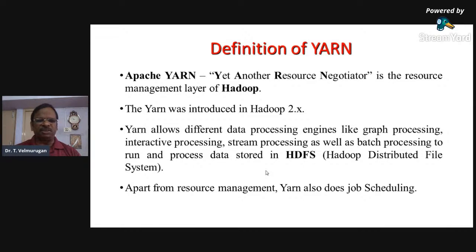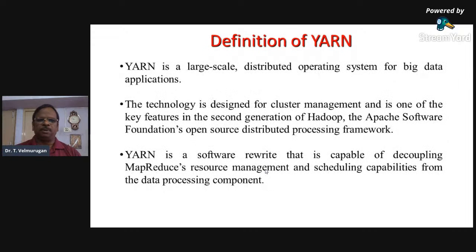Apart from resource management, YARN also does job scheduling. What is the meaning of job scheduling? You know that very well from the ordinary operating system of any computer. Therefore, YARN is a large-scale distributed operating system for big data applications.